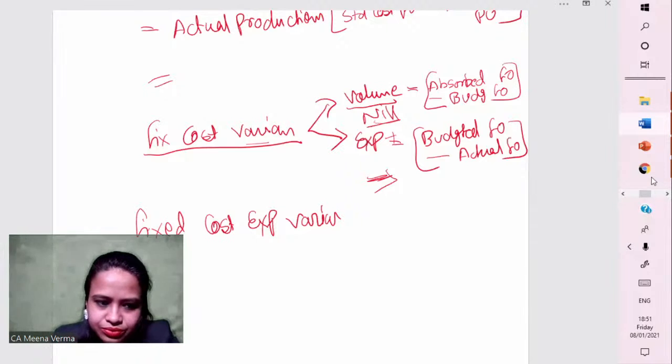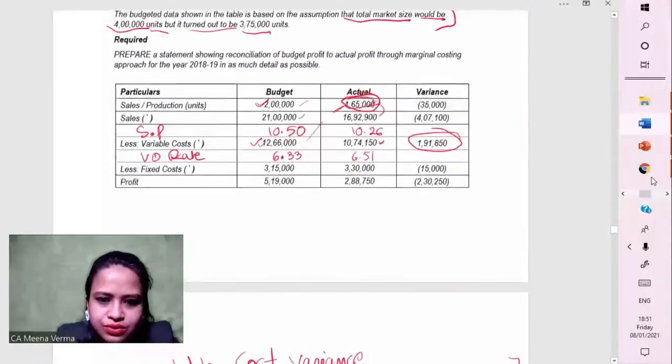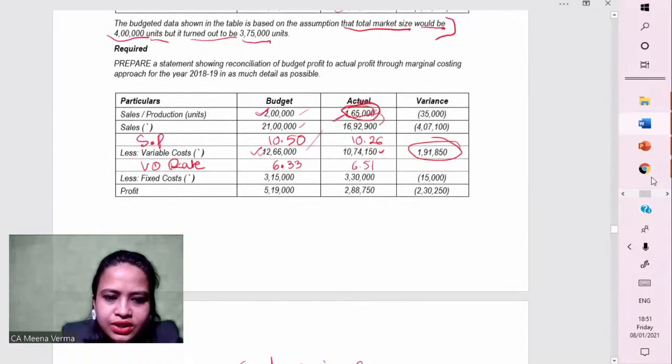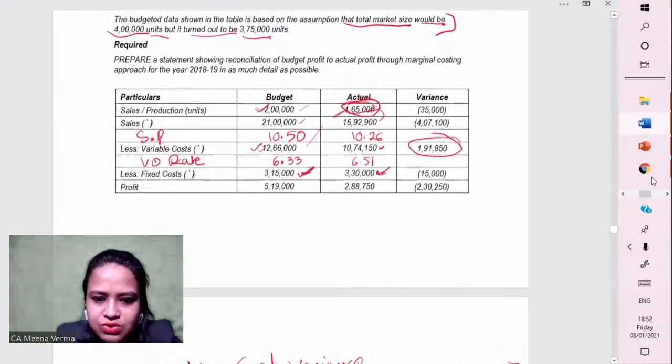So what is the budgeted cost, what is the actual fixed cost? This is the budgeted cost, this is the actual cost.